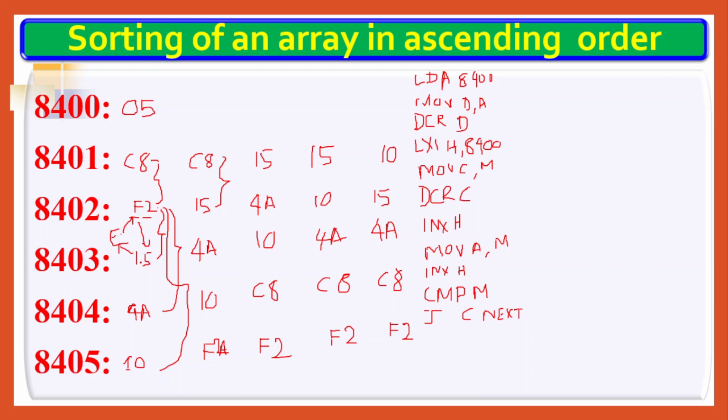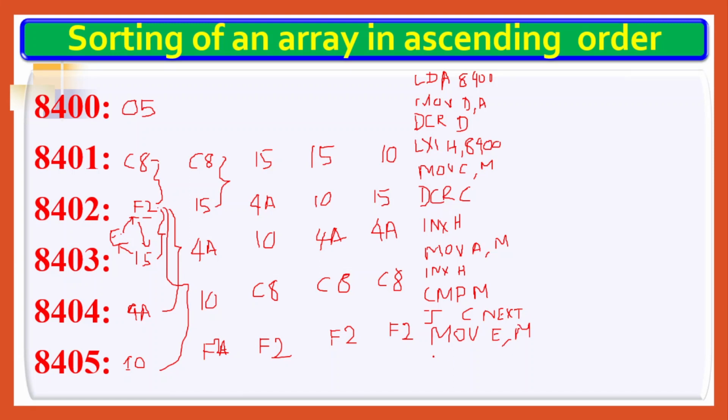For that, temporarily the current M will be copied to the E register, then from the accumulator to memory, then from the E register to memory, which is decremented once. So let's start: MOV E, M. We'll take the current element in E as a mediator.